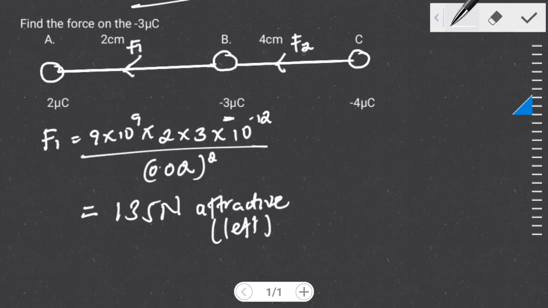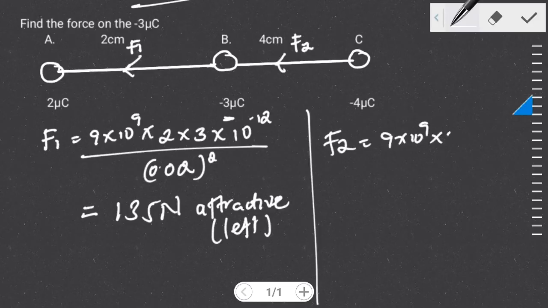Now let's get F2. F2 would be equal to 9 times 10 to the power 9 times the first charge, which would be 3, times the second charge, which is 4, times 10 to the power negative 12, all over the distance of separation, which would be 0.04, squared.